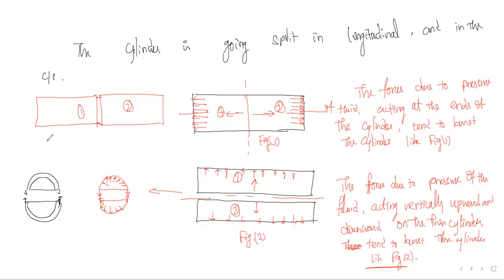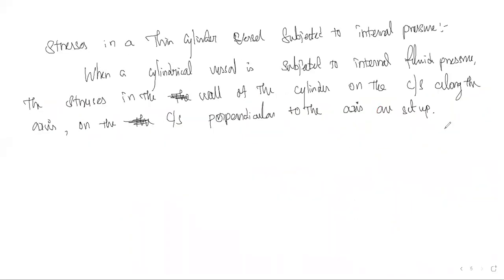And here the section is going to divide into two sides of a circular section, and here also stresses are going to act. So these stresses we are going to name longitudinal stress and circumferential stress. Along the axis, it is longitudinal stress.